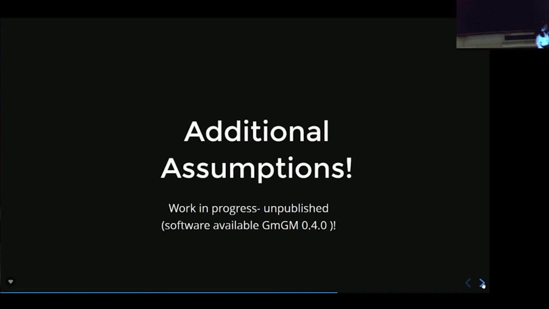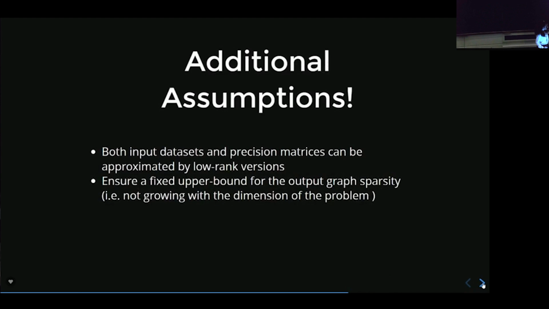These additional assumptions are part of ongoing, unpublished work, but the software that is available on GitHub already includes these updates. The additional assumptions we're working on consider a low-rank version of both the input data set and the precision matrices that we want to estimate.